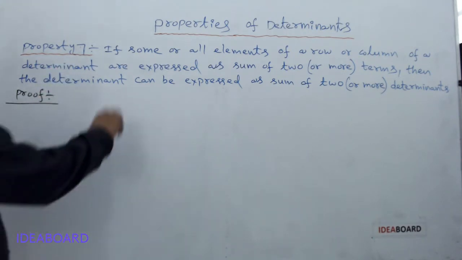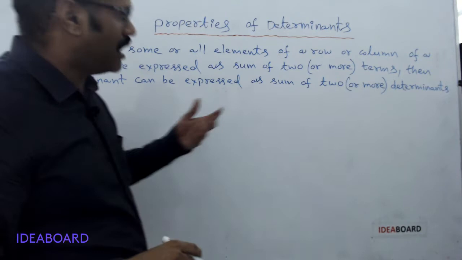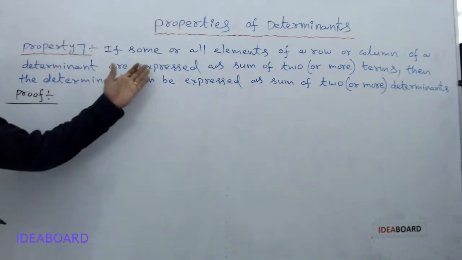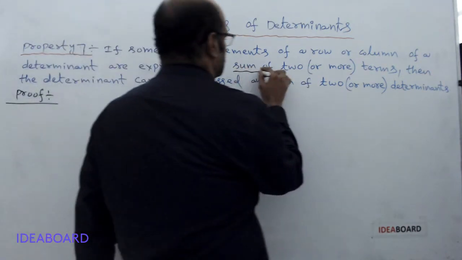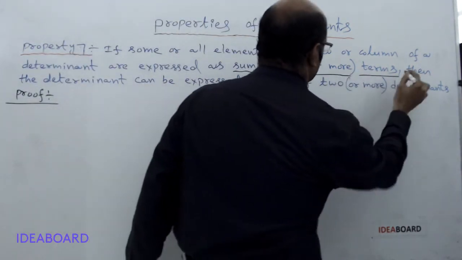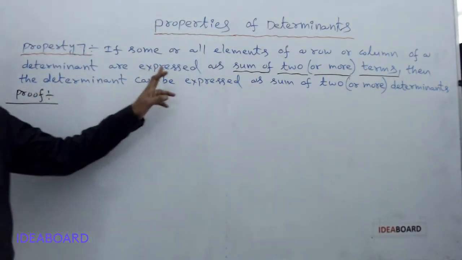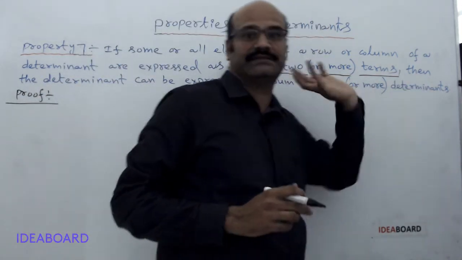Property 7. If some or all the elements of a row or column of a determinant are expressed as sum of two or more terms, then the determinant can be expressed as sum of two or more determinants.